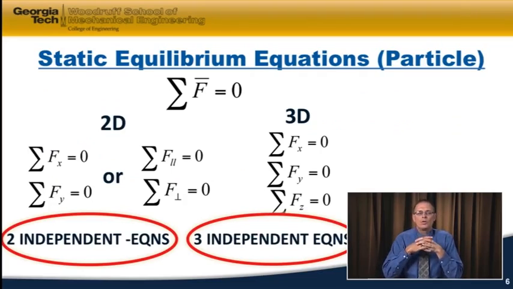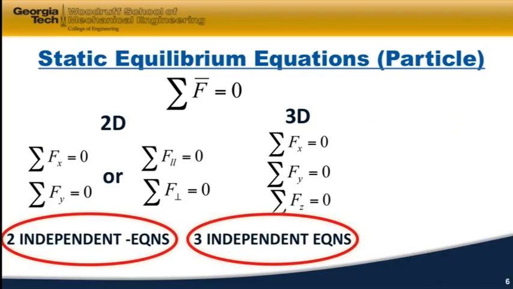And so as a result of that statement of Newton's first law for a particle, we can come up with the static equilibrium equations, which state that the sum of the forces, vectorially, is equal to 0 on the particle if it's to remain in this state of rest or constant velocity.